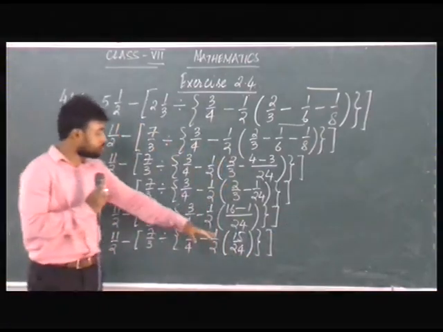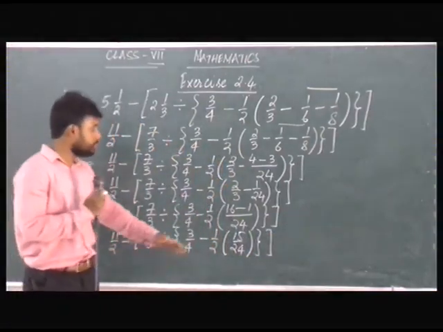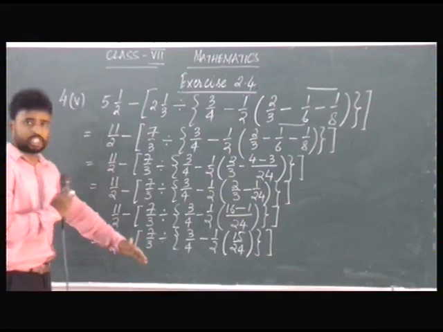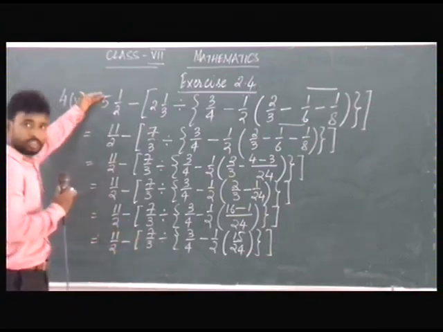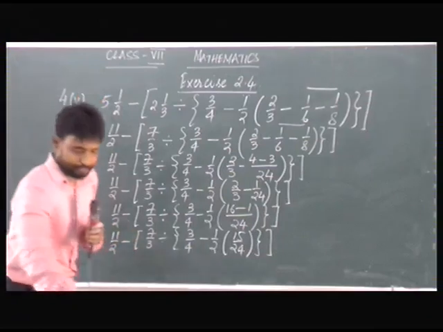So 16 minus 1 will give you 15. You have 15 by 24. We don't have further space, so what we'll do is we'll rub till here and then we'll follow from the top.